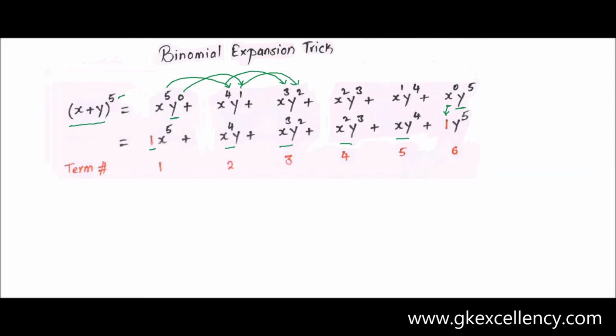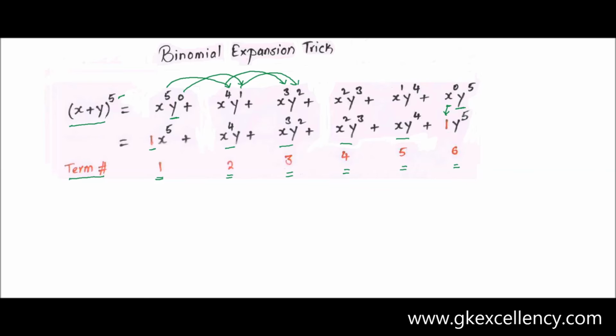For that purpose, I'm going to write the term number just below my actual terms: term number 1, term number 2, term number 3, term number 4, term number 5, and finally term number 6. Now, how do I give the coefficients for the second, third, fourth, and fifth terms? The process is very simple.